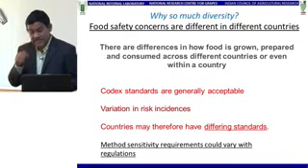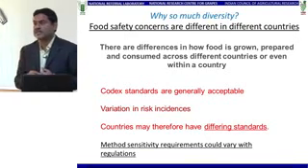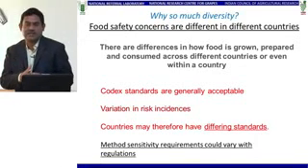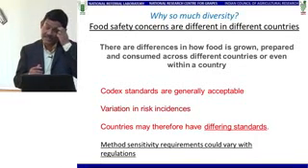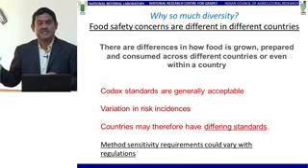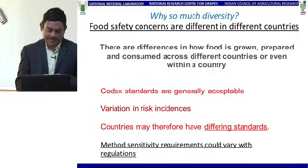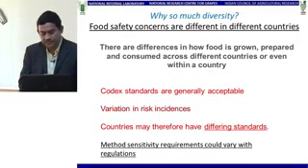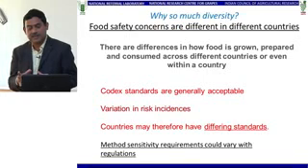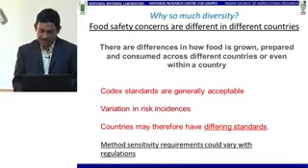Although Codex standards are generally acceptable across the world officially, individual countries are allowed to have their own standards and MRLs, because there are variations in risk incidence due to different food habits and various other factors. Naturally, method sensitivity requirements have to comply with that country's requirements.